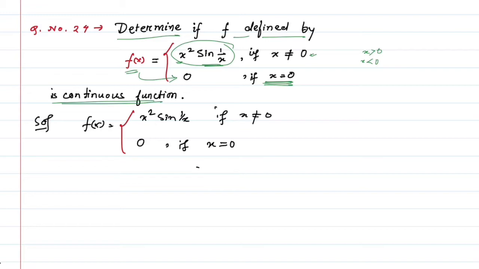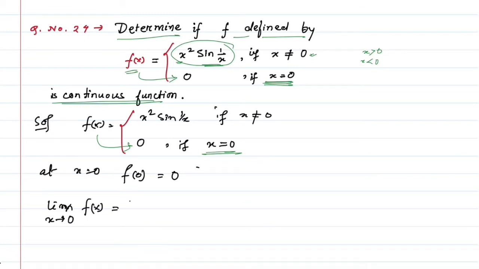Let me check the continuity at x equal to 0. So f of 0 must be 0, as it is given in this question. Now let us find limit x tends to 0 of f of x.